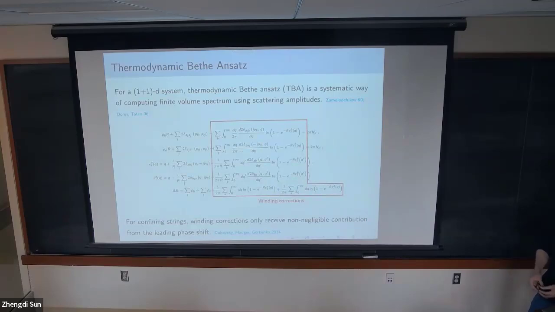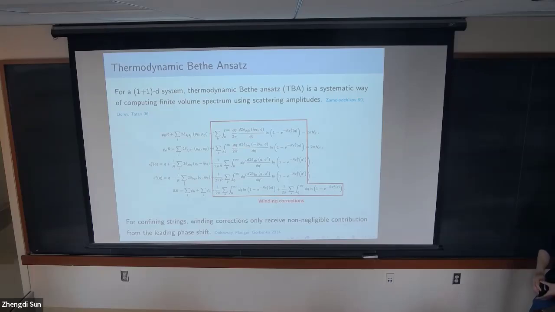It is given by the idea that if you know the 2-to-2 scattering, well, it was originally introduced to describe the spectrum of integrable theories. So for integrable theories, you only need to know the 2-to-2 scattering. But in fact, it also works pretty well for non-integrable theories as long as we only consider excitations that involve 2-to-2 scattering. And this is given by a series of equations that I list here.